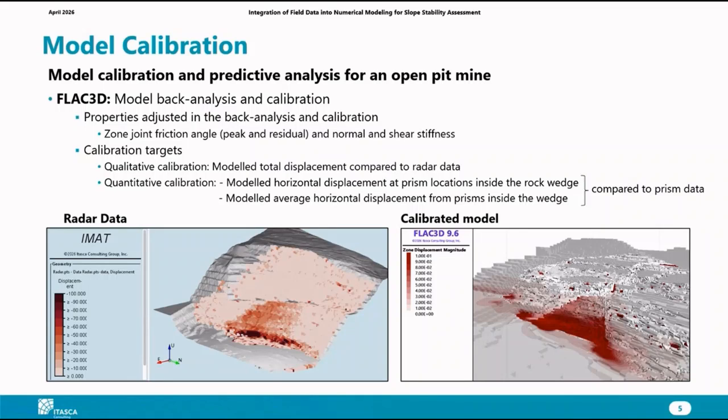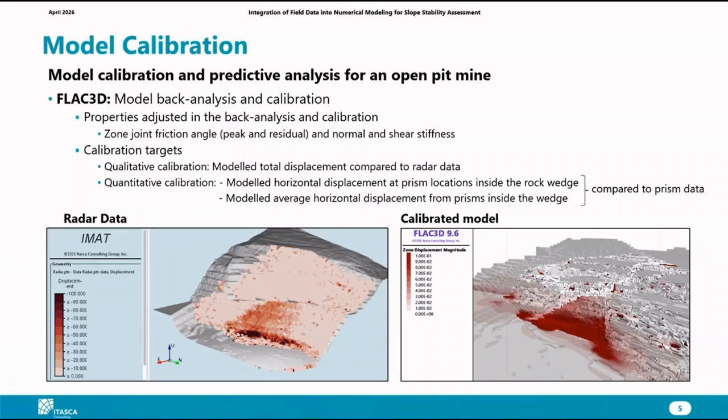We used the zone joint logic to represent these structures. The properties that we used were friction angle, both peak and residual values, and the normal and shear stiffnesses. We found that these parameters have a strong impact on the movement of the wedge.